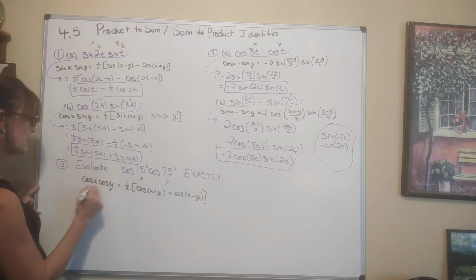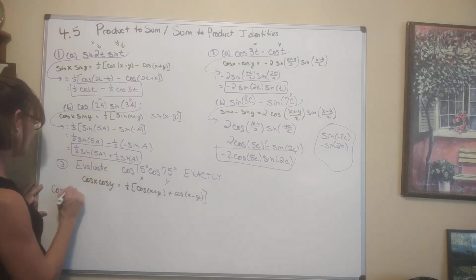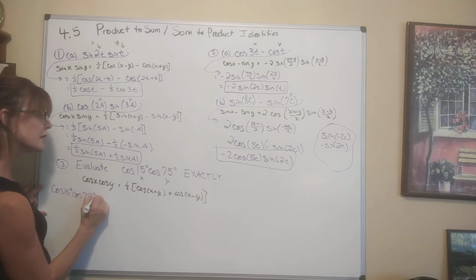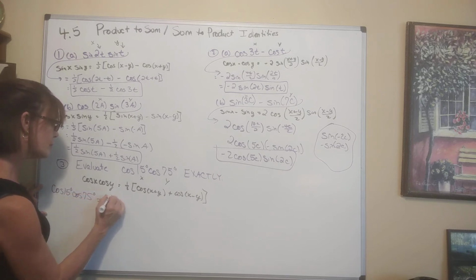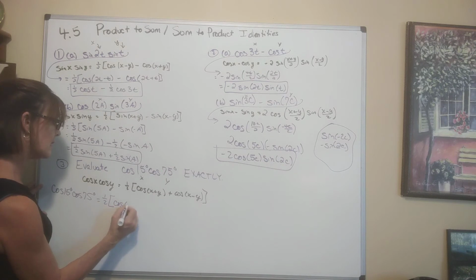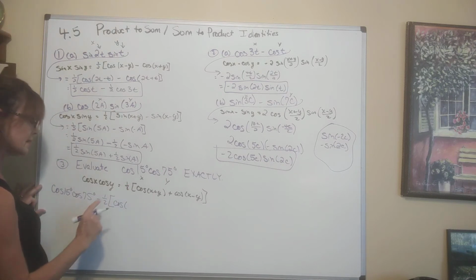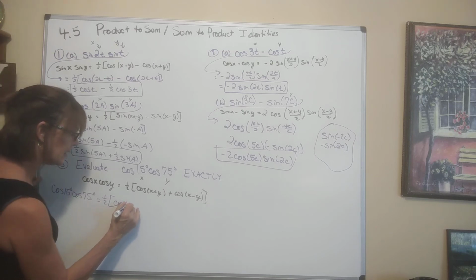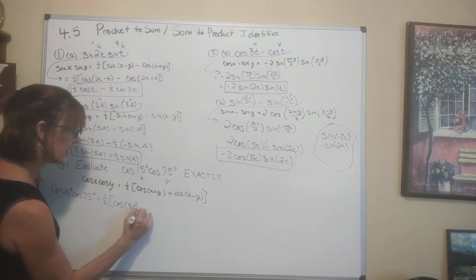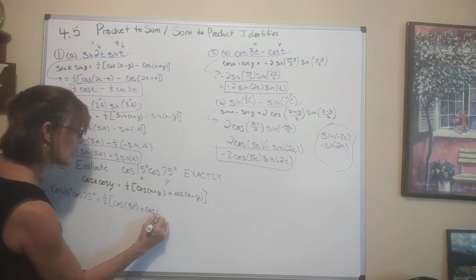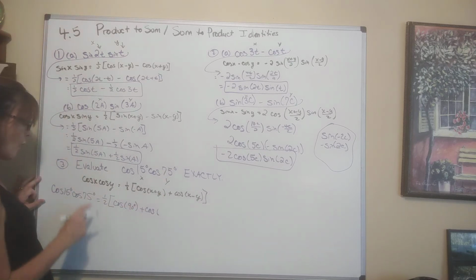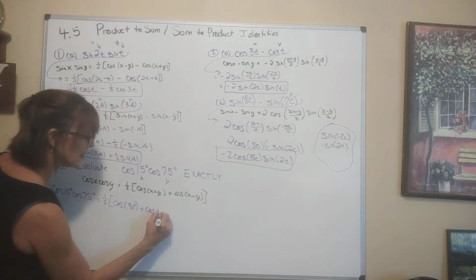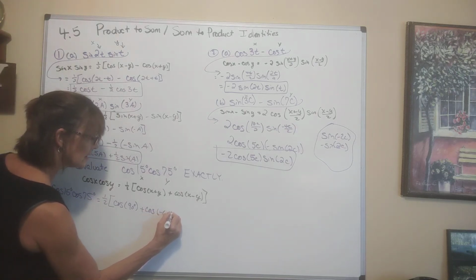Okay, here we go. The cosine of 15 degrees times the cosine of 75 degrees is equal to 1/2 bracket the cosine of x plus y. Well, 15 plus 75 is 90 degrees, plus the cosine of x minus y, or 15 minus 75, which is -60 degrees.